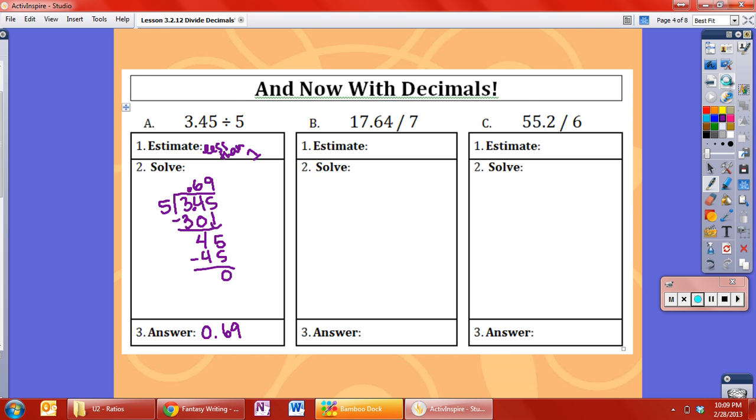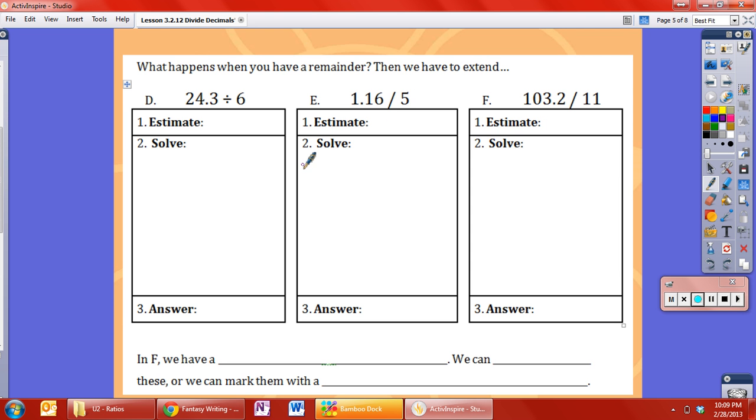Okay, the next section has a slightly different type. This is what happens when you have a remainder. So first I'm going to estimate. 24 divided by 6 would be 4. Of course, it's going to be a little more than 4 because this is a little more than 24. And then I get, well, 6 goes into 24 4 times. 6 doesn't go into 3. But I need to be able to keep going.